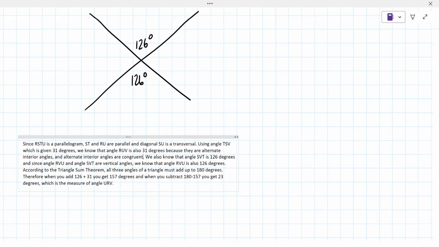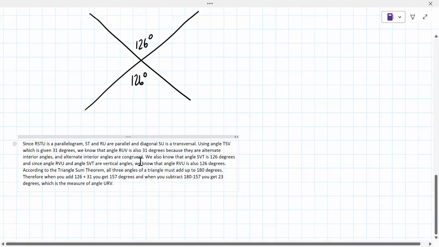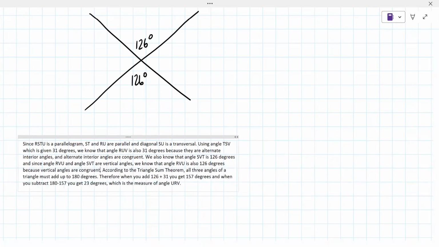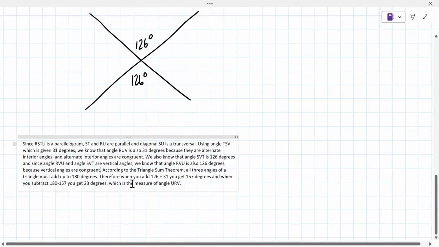Vertical angles. Same thing for the vertical angles. Yes, they're vertical angles, but you have to add in that vertical angles are congruent. The rest of it is explaining, using the triangle sum theorem, that all three angles add up to 180.